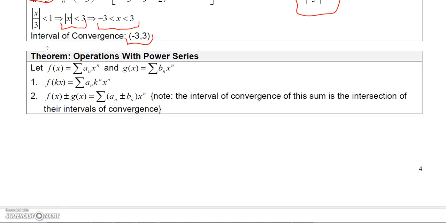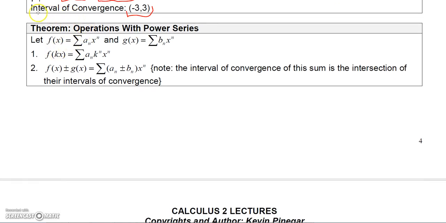Now, there's a couple of operations here. It says that if you have two series, a sub n x^n and b sub n x^n, and if you take this first series and you replace x with kx, then that would give you this new series, a sub n k^n x^n.